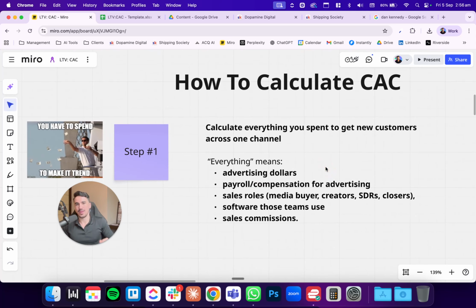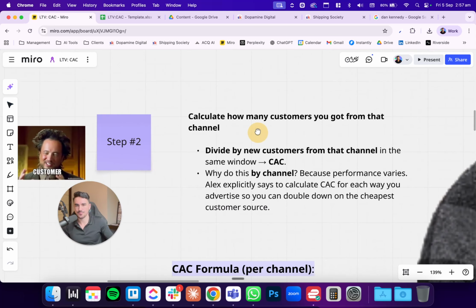So, advertising dollars, payroll, compensation for advertising and sales roles, media buying, creators, SDRs, closers, software, sales commissions. Not just ad spend. All of that other stuff needs to be calculated, because it will slowly eat away at your profits, and you wonder why you've got a 10-to-1 ROAS and why you don't have any money at the end of the month.